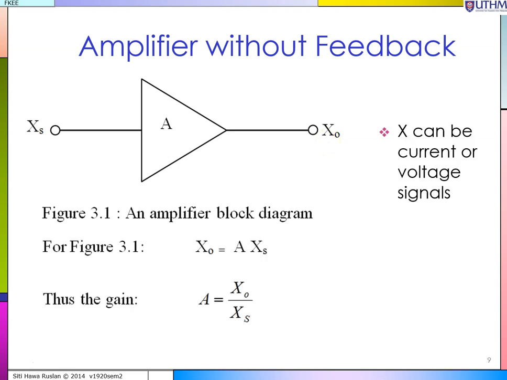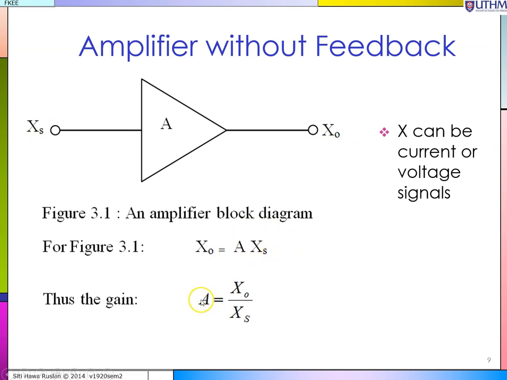From this figure, your output XO will simply be the input signal XS multiplied with A, because the amplifier with a gain of A will amplify this signal. So XO equals A multiplied with XS.